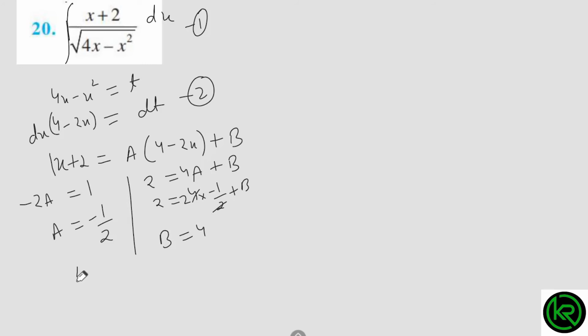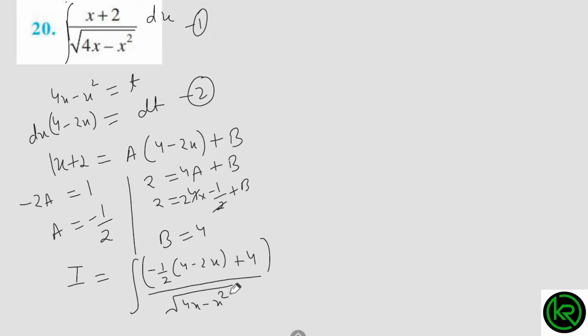So I we can split into two terms. Okay, x plus 2 we can write now, a value is minus half, 4 minus 2x, and plus b is 4. Okay, and downside it is under root 4x minus x square dx.